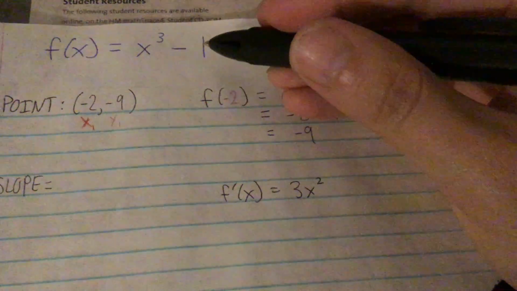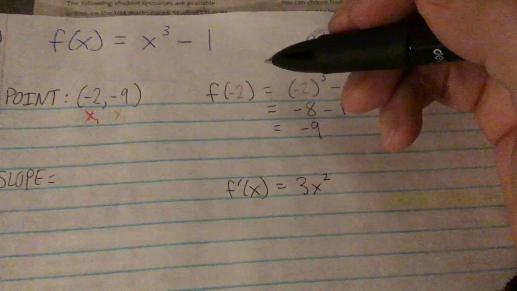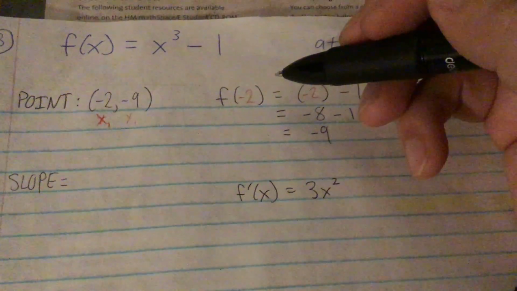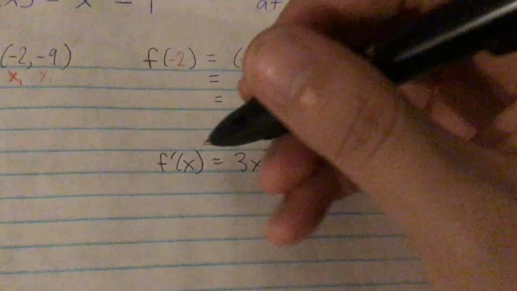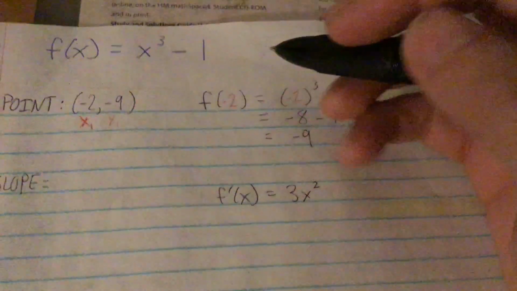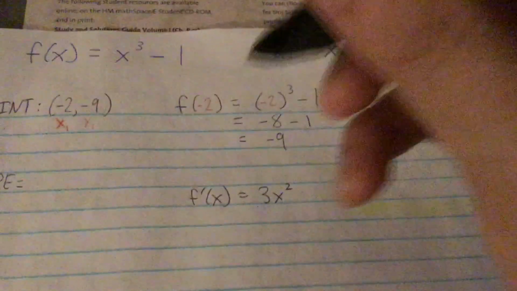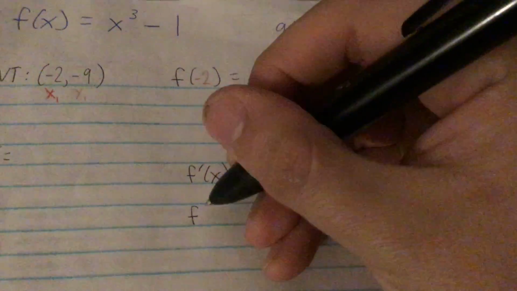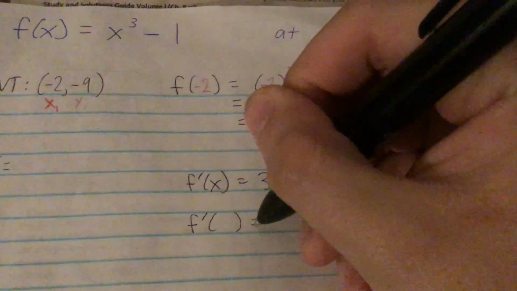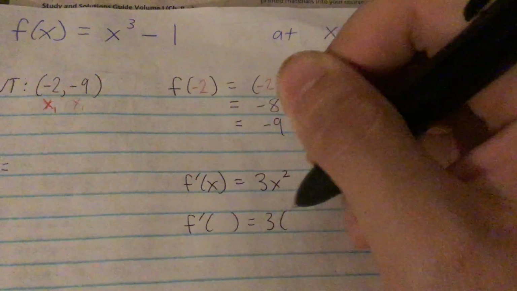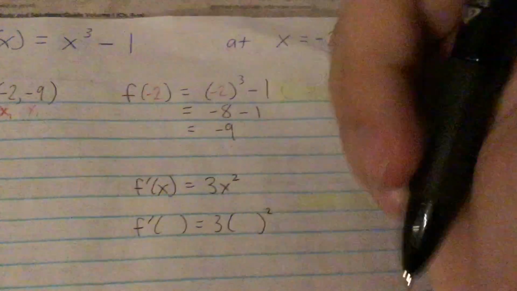And the derivative of -1 with respect to x is 0. The derivative of a constant is always 0. So now that I figured out the derivative at any point of x, well, the one that I care about is x equals -2, so let's do that. So f prime of -2 means I plug in 3 blank squared, where the blank is -2.